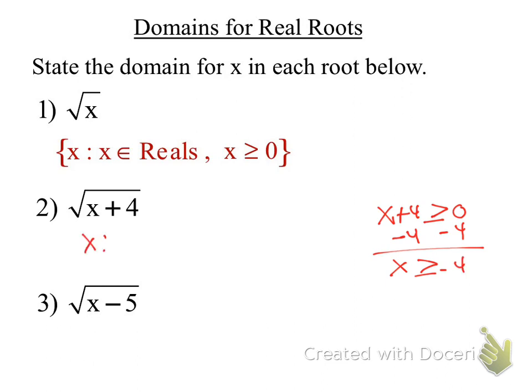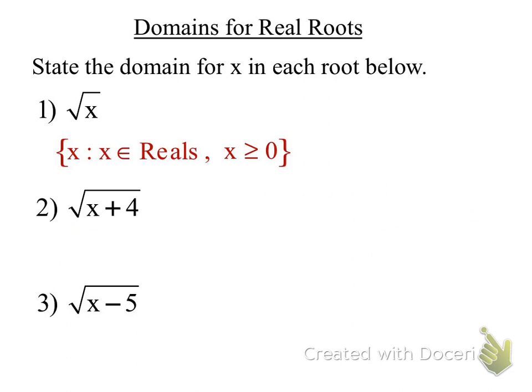So x is such that x is an element of the reals, and x is greater than or equal to -4. Is everybody understanding that? Yeah. Meaning it can be -4, -3, -2, because -4 plus 4 equals 0. We can do the square root of 0. We can't do the square root of a negative.